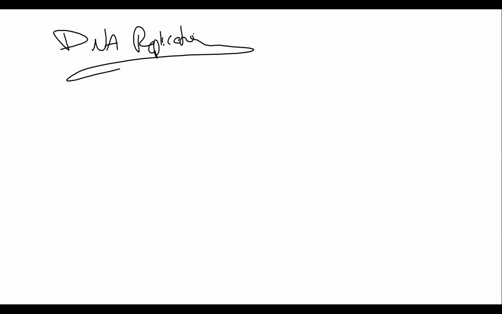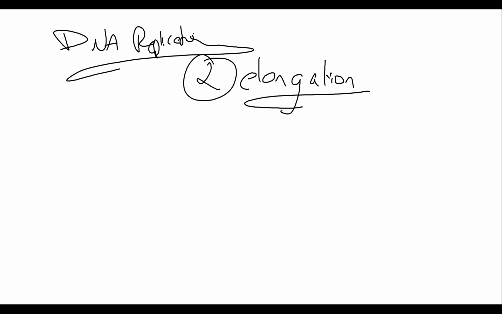You should not know anything about it. It won't be asked. The only part which will be asked is the elongation, the second part. We have 3 parts: initiation, elongation, termination. The only part you should know is the elongation for the exam. Elongation, you should remember this.